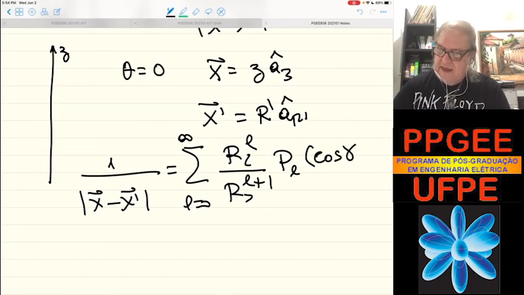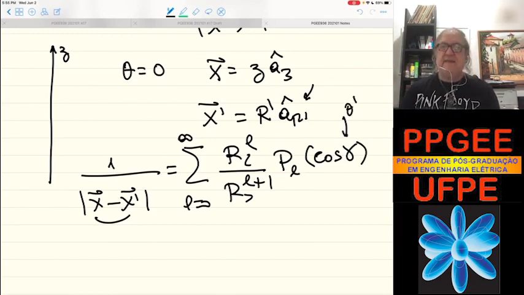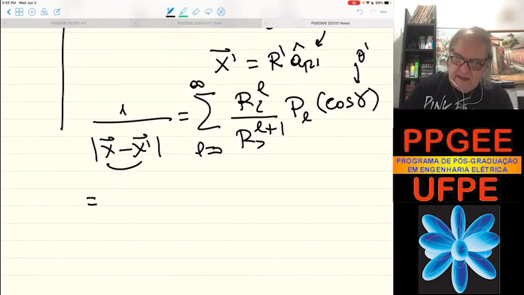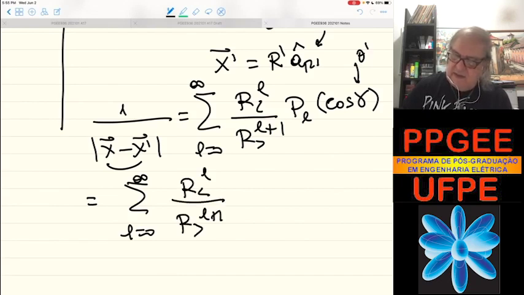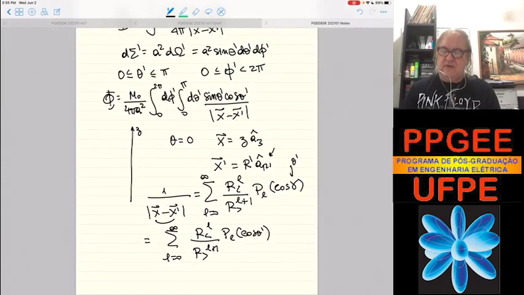Gamma is the angle between x and x prime. So in this case, gamma is going to be theta prime, because theta equals 0. It's the angle between z and x prime. x prime subtends an angle theta prime. So this is going to be the sum from l equals 0 to infinity of r smaller to the l over r larger to the l plus 1, P_l cosine theta prime. So that's how we find the result on the z-axis.